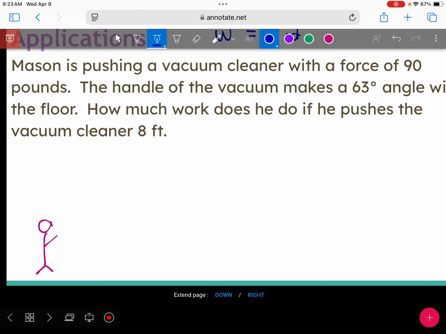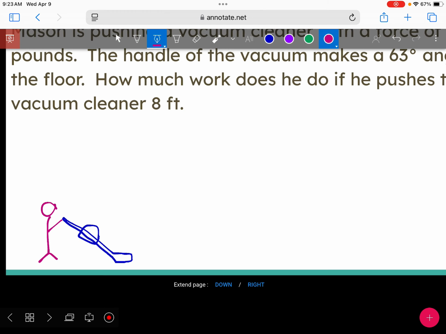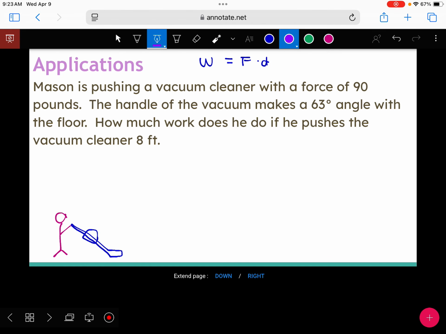He's going to push a vacuum cleaner. He's pushing it that way, because that's how you push a vacuum cleaner, with a force of 90 pounds.